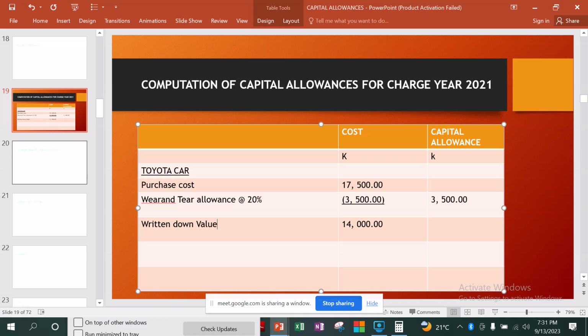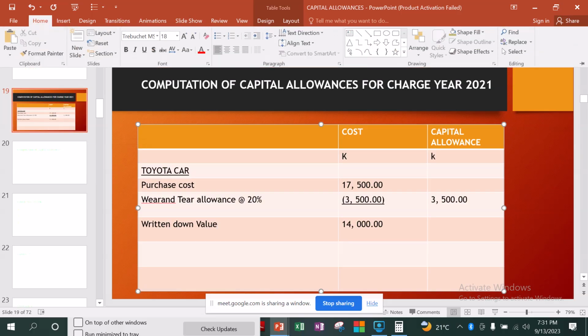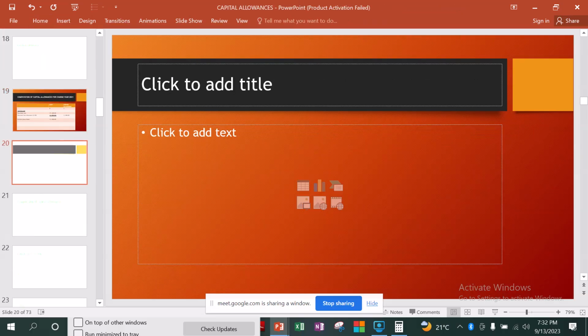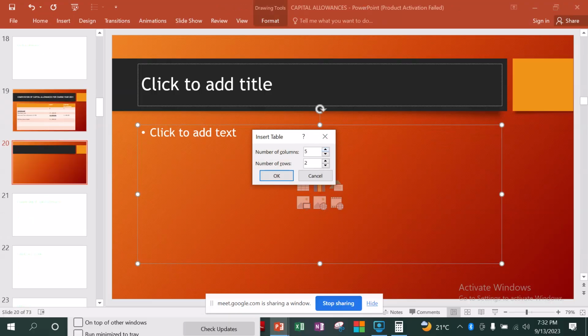Now we go and look at the computation for another one, because in 2021 it was not only a Toyota car, there was another acquisition. So look at that one. Let's calculate it separately.